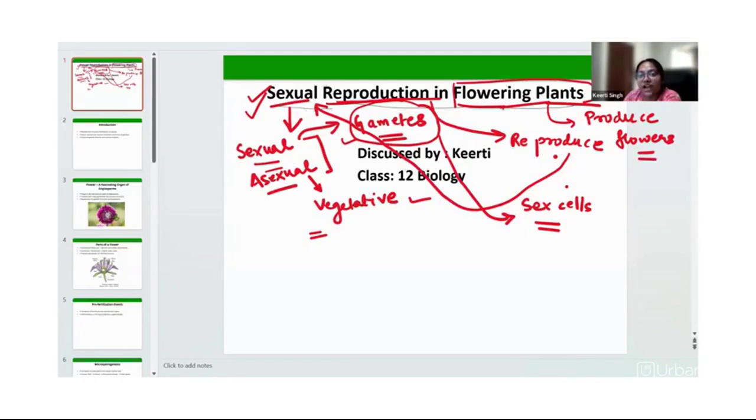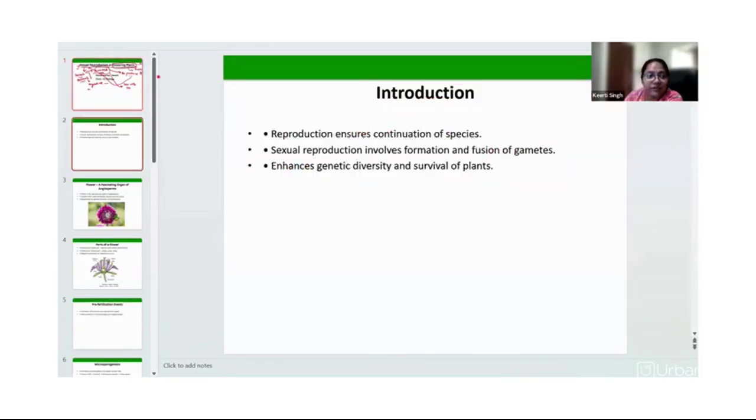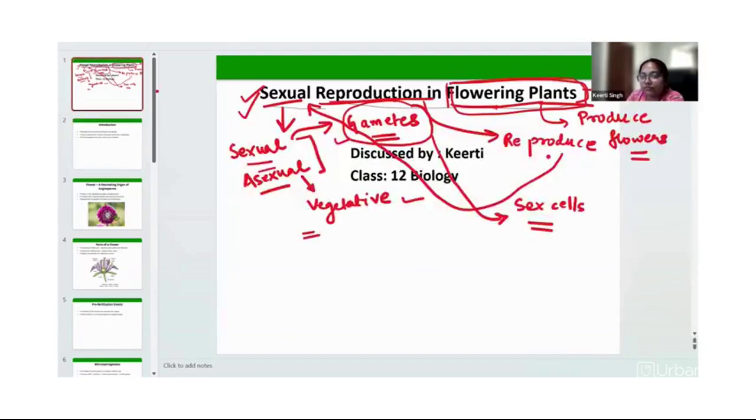So these flowering plants are known as angiosperms, and those which do not produce flowers are known as gymnosperms. So we are clear with the terms.